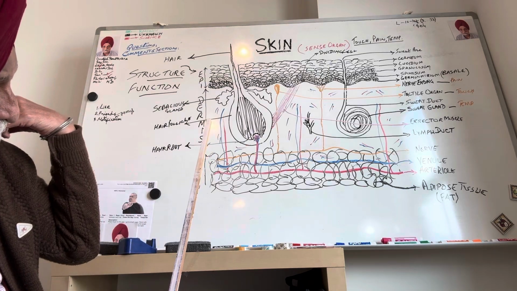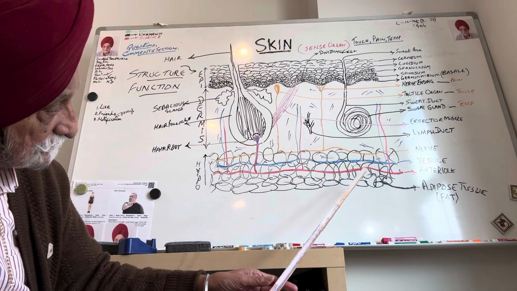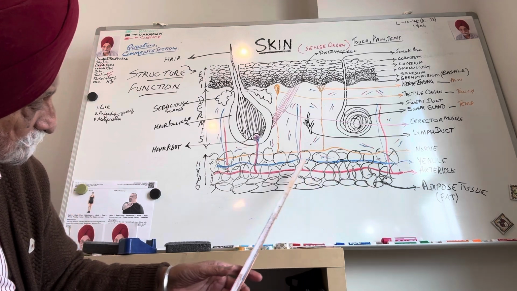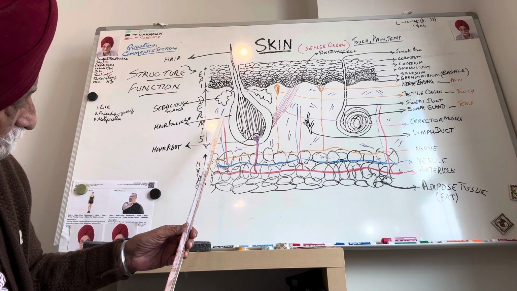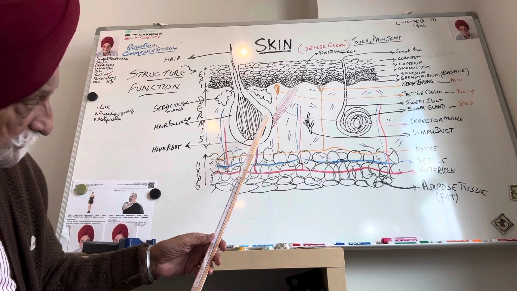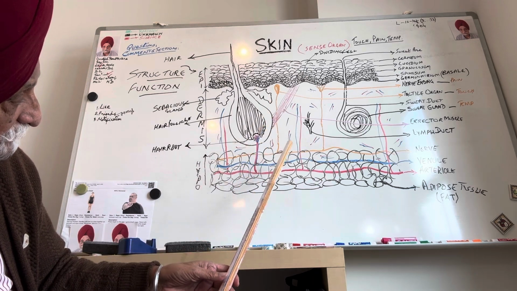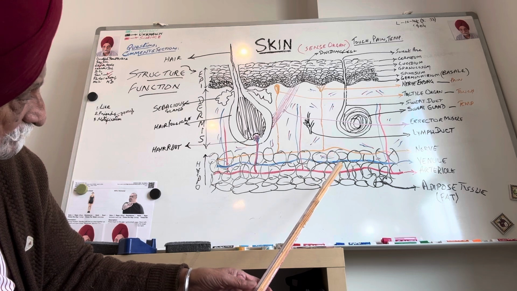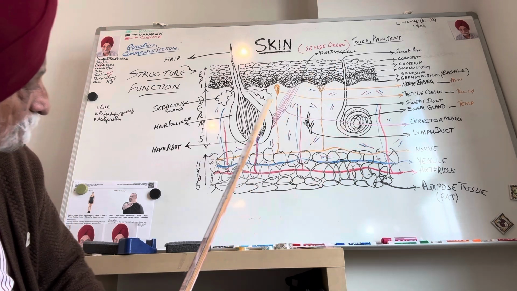In addition to this, there is a large number of blood vessels, the venules and the arterioles. The arterioles send blood vessels into the dermis.